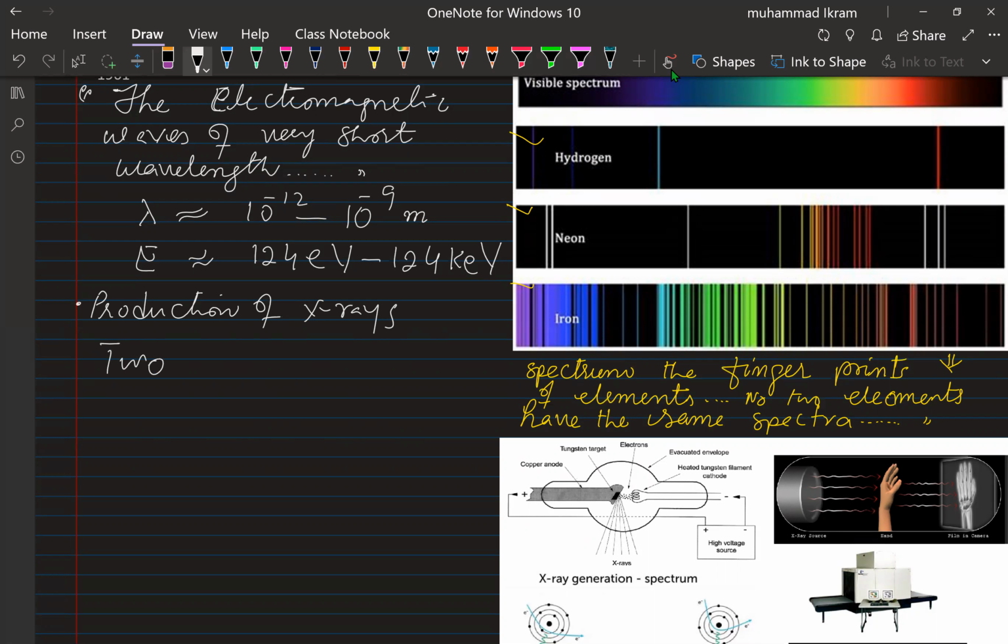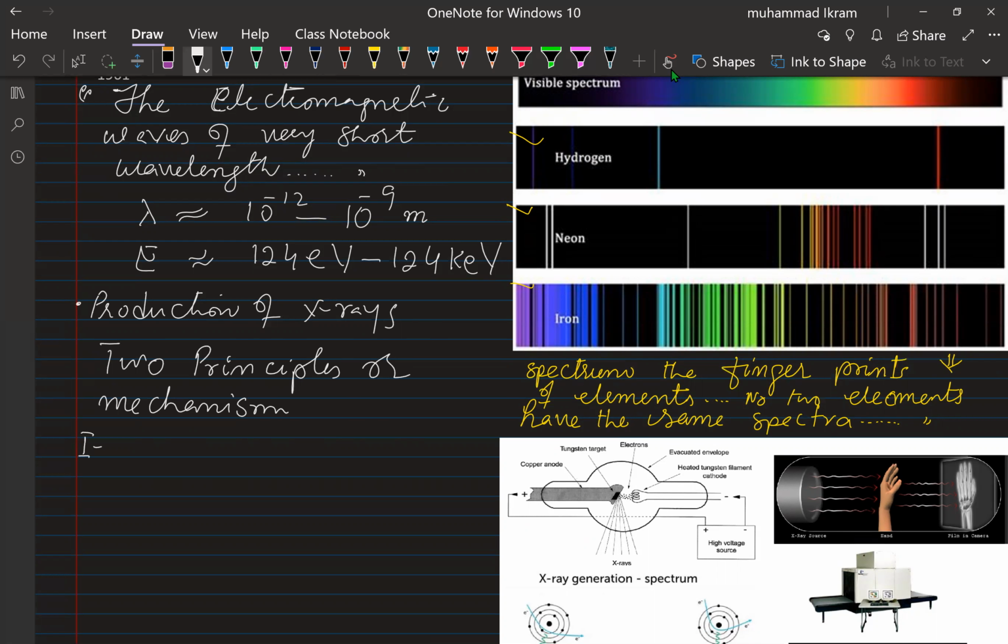Two principles or mechanisms are important in the explanation of the production of the X-rays.